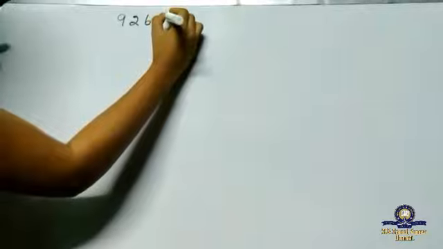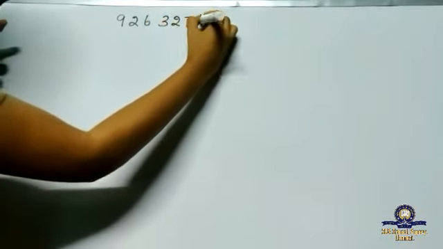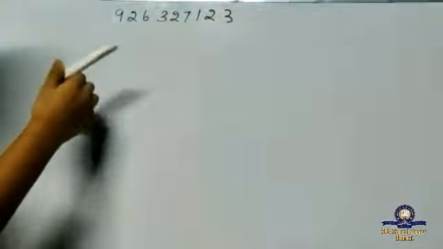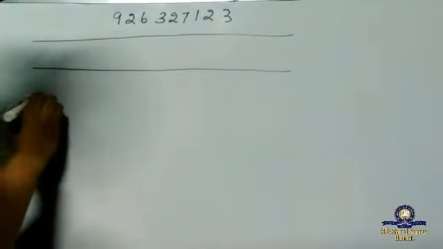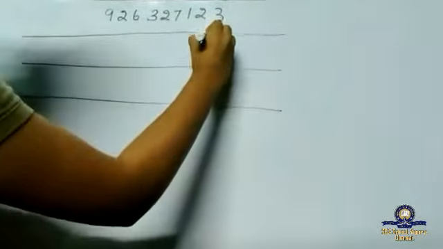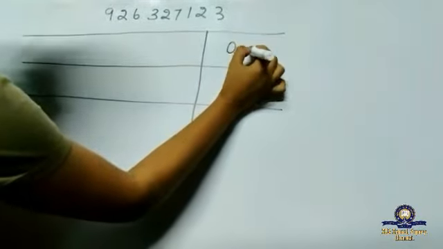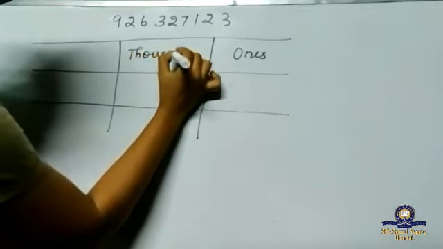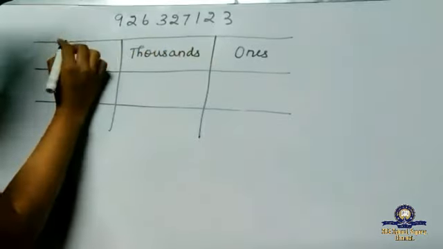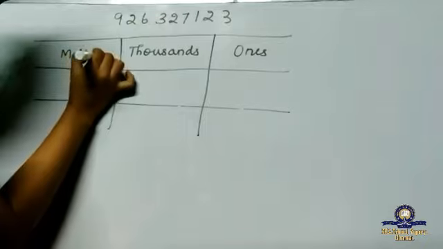Okay. So here's an example: 926,327,123. Now you're going to represent this number in the place value chart. Now I'm going to draw the place value chart. So this is the ones period, thousands period, and millions period.